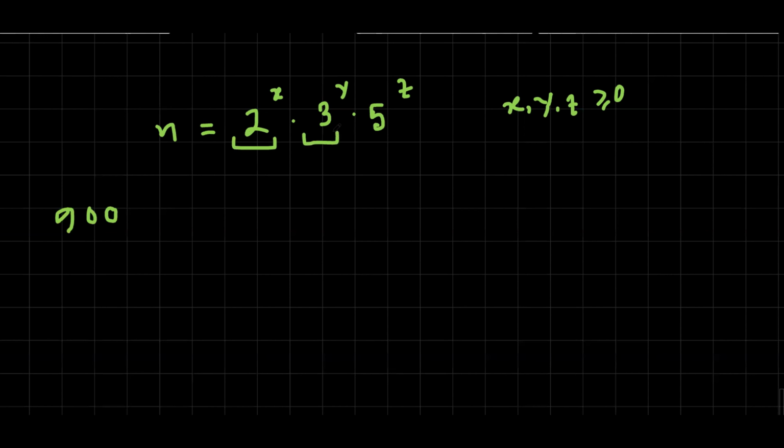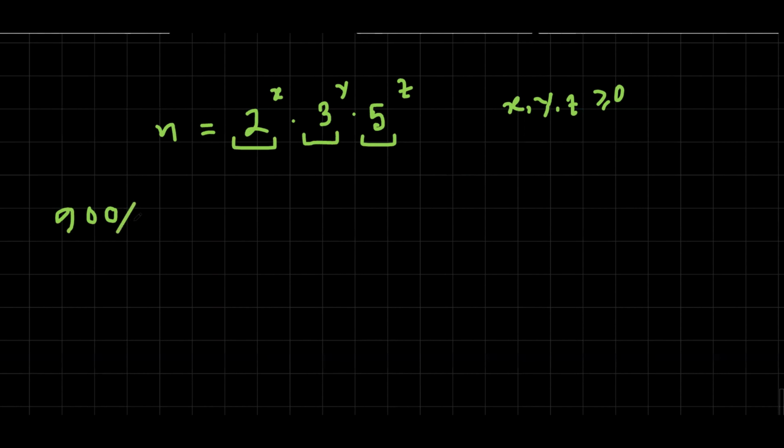Then after dividing several times, if it is not possible to divide the number by 3, we have to divide it by 5. And after dividing by 5, if the number is equal to 1, that means it is an ugly number. Otherwise, it is not an ugly number. Anyways, let's understand the algorithm here.